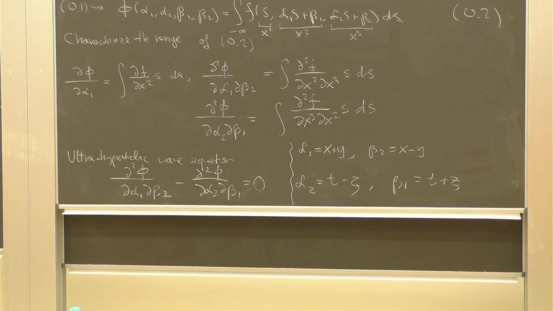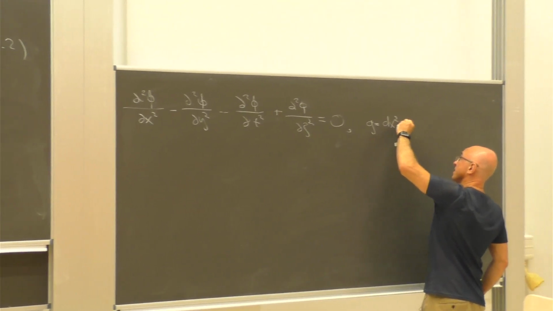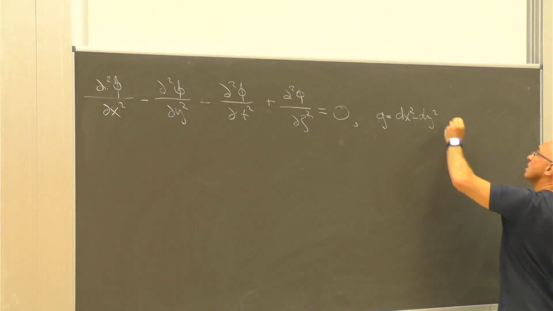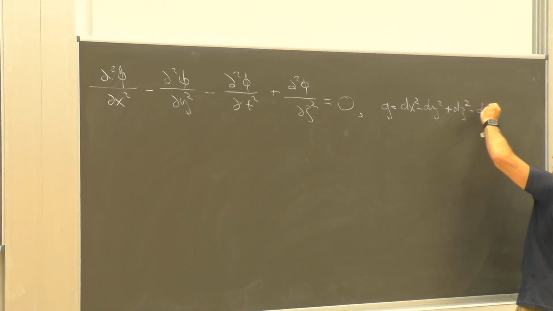And this is a wave equation for a space-time which appears to have two space and two time directions. So there is a metric associated to this, which is dx squared minus dy squared plus d zeta squared minus dt squared.